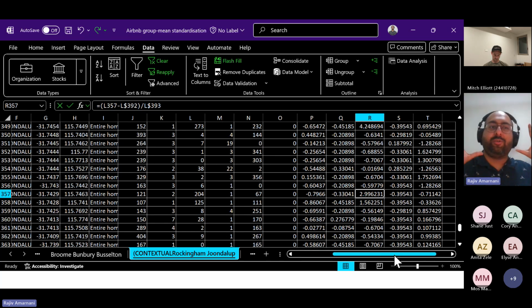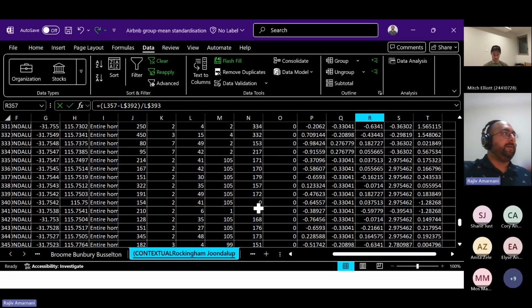And now we can ask, are there effects that are contextual to the suburb? You can do this with your data, contextual to the client, contextual to whatever thing you're looking at. If you're looking at genders, contextual to the gender, let's say.